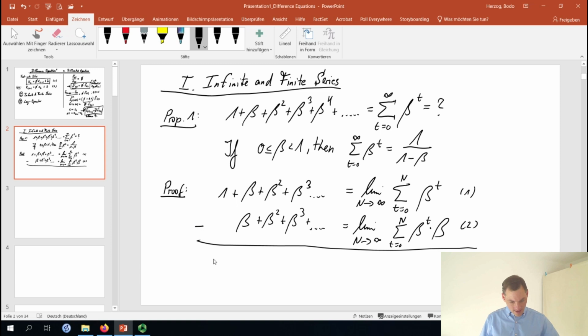So we have 1, and there is no 1 here. This beta minus this beta cancels. The beta squared cancels and so on. But then at some point here we have a beta to the n, but here we have 1 beta more because we have multiplied with beta. So we obtain a term, so we obtain some limit n to infinity.